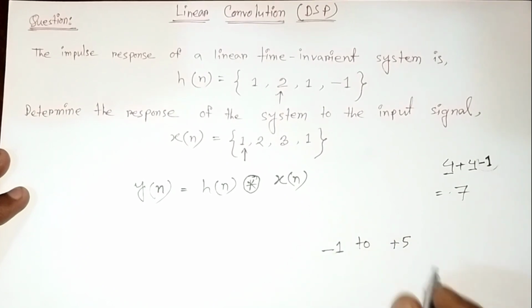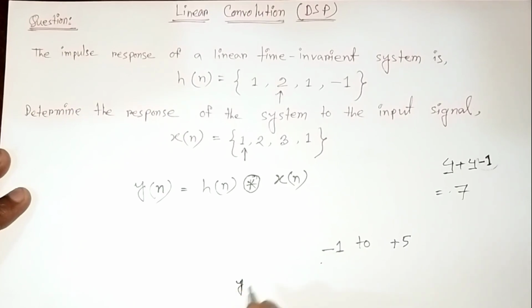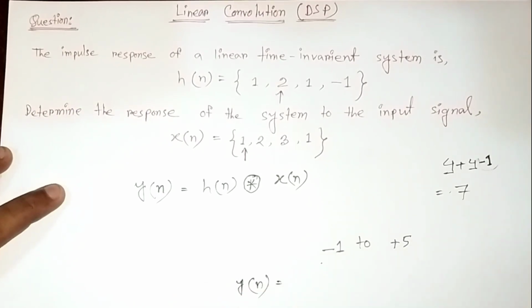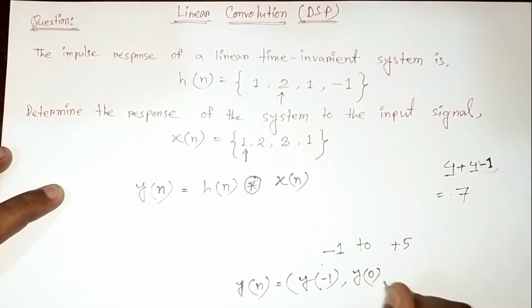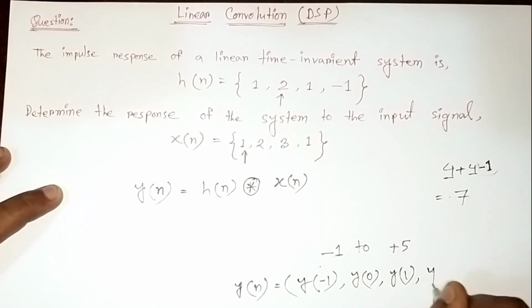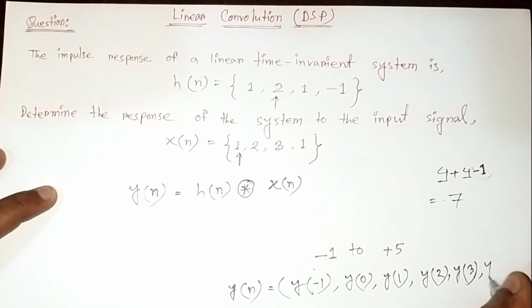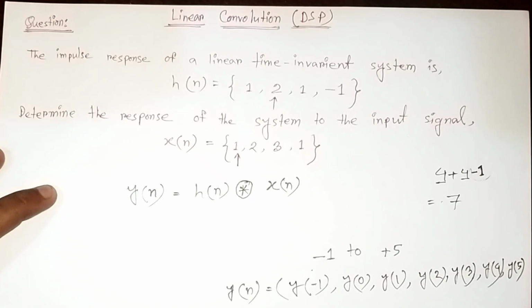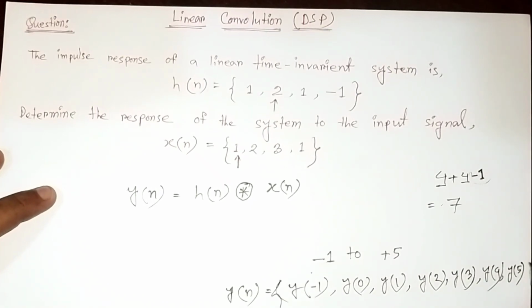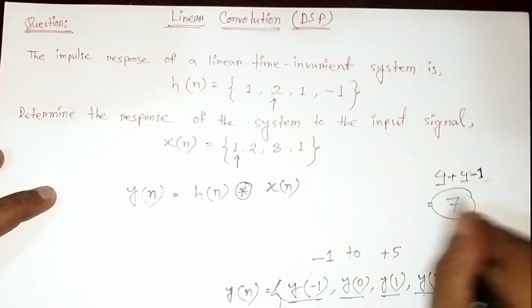So the range of the output sequence will be from -1 to +5. That means y of n will be starting from y of -1, y of 0, y of 1, y of 2, 3, 4, and y of 5. In total, as you can see, there are 1, 2, 3, 4, 5, 6, and 7 components.